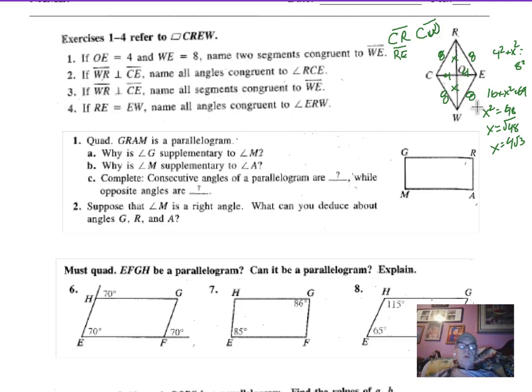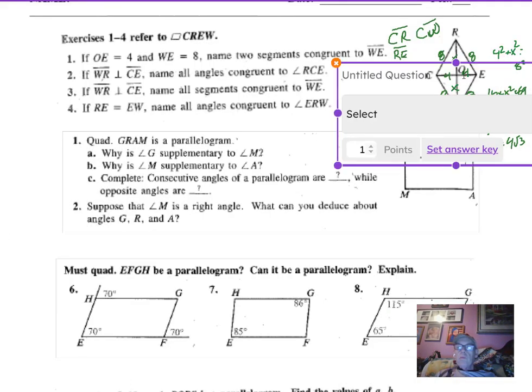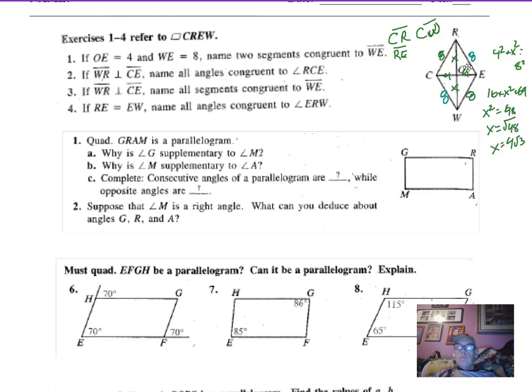Let's look at number 2. If WR is perpendicular to CE, so let me erase out what we got here now. I'm going to erase this stuff out here.